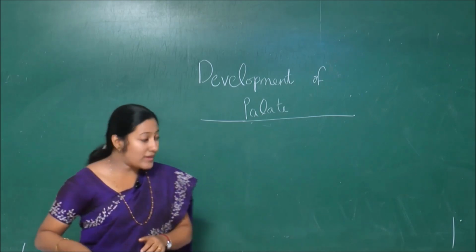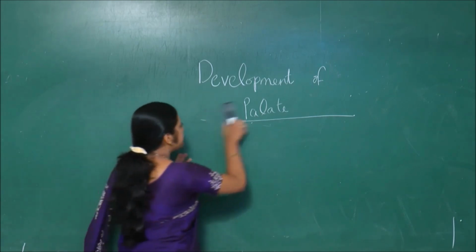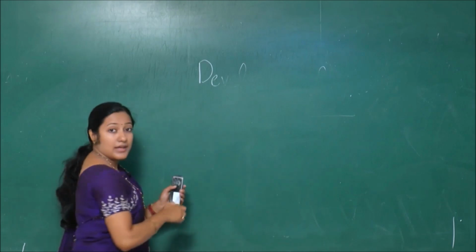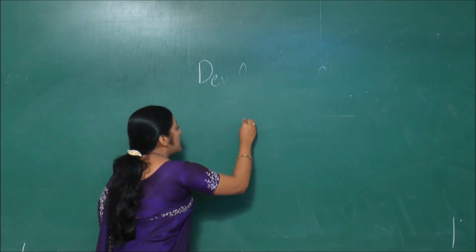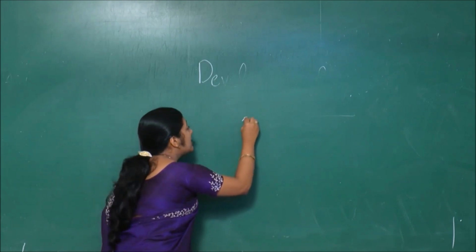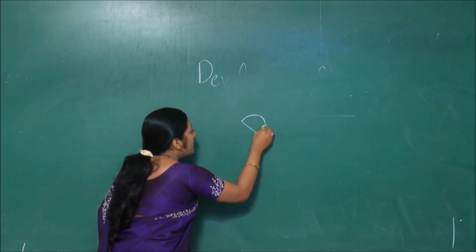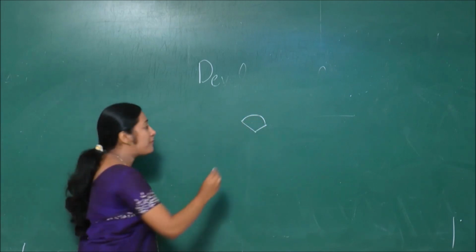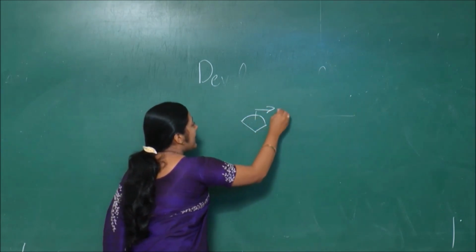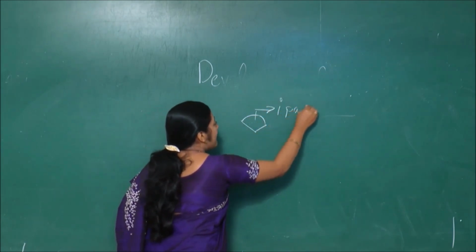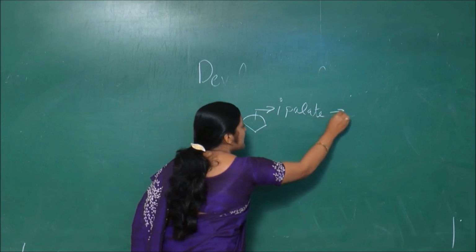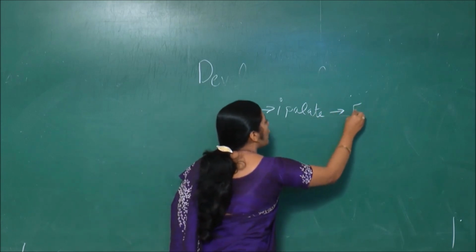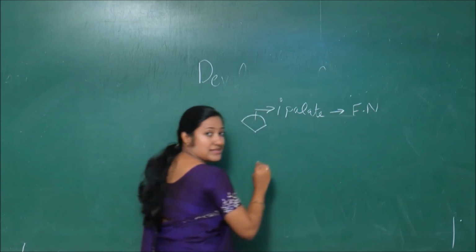Once we draw the figure, we know the palate. The anterior central part is mainly formed from the primitive palate, which comes from the frontonasal process.